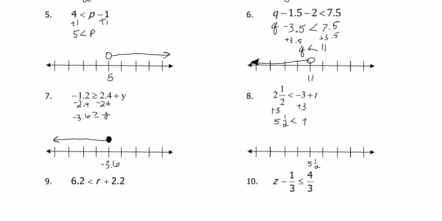And t needs to be bigger than that, so everything to the right. One other thing: don't leave that at 5.5. Use the fractions. They're very useful. Other awesome answers include 11/2 less than t.